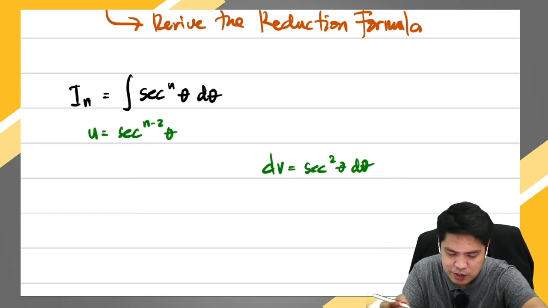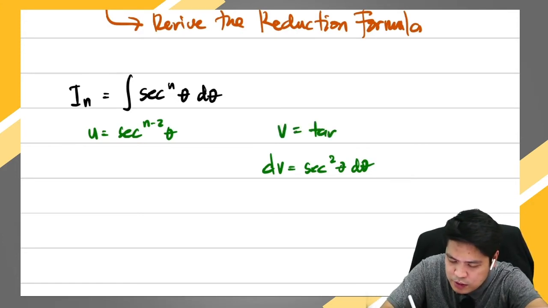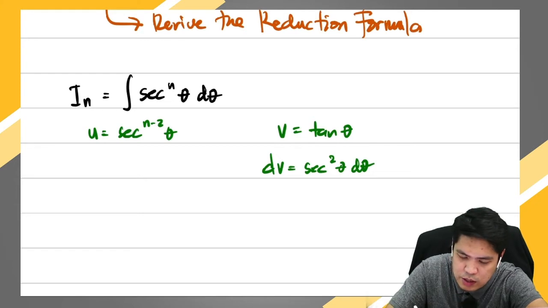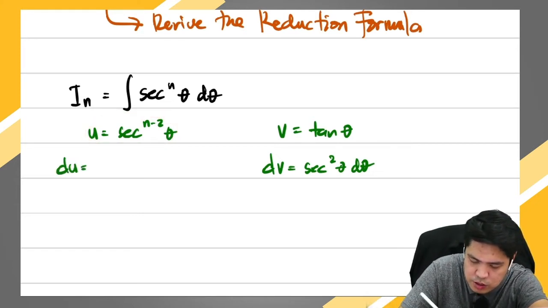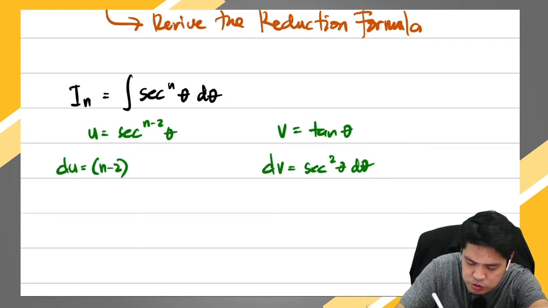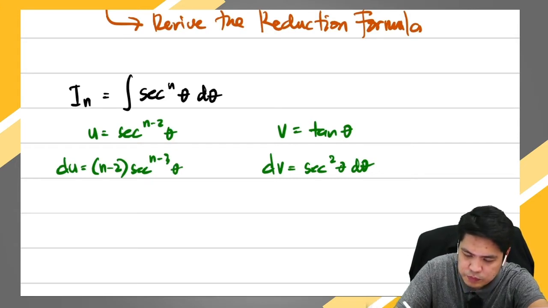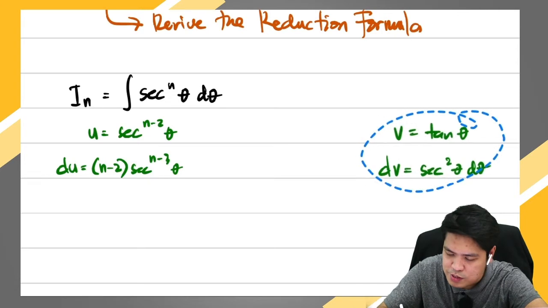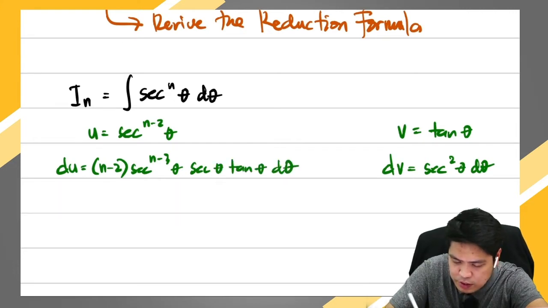Okay? So it follows that, of course, v natin is tangent theta. And how about the derivative of u? That would be du is equal to n minus 2 secant n minus 3 theta. Then derivative of secant theta is secant theta tangent theta d theta.